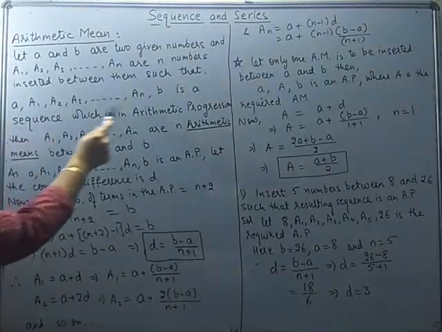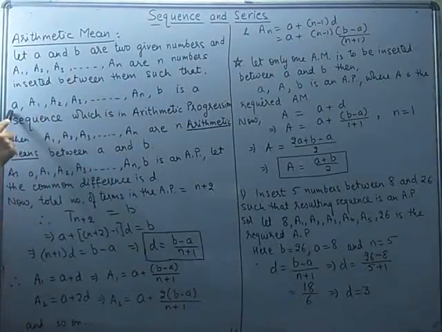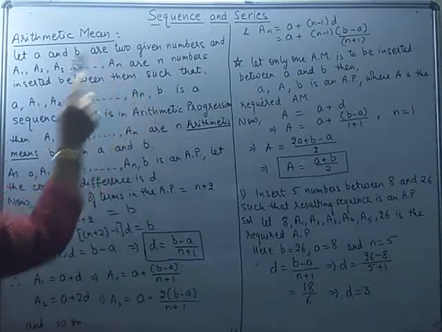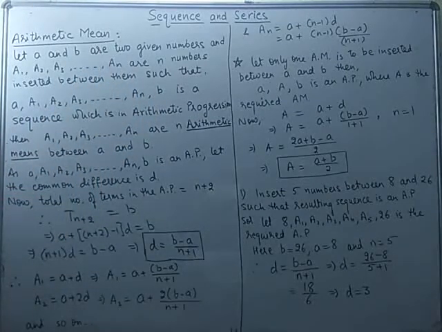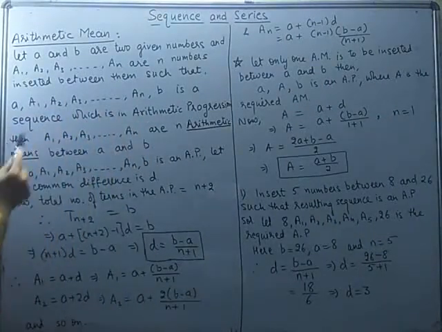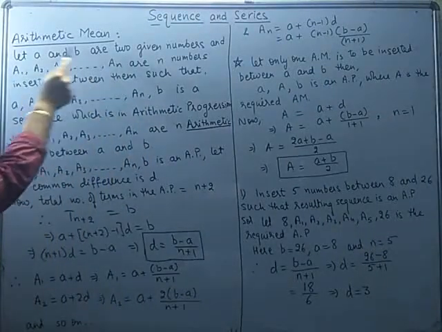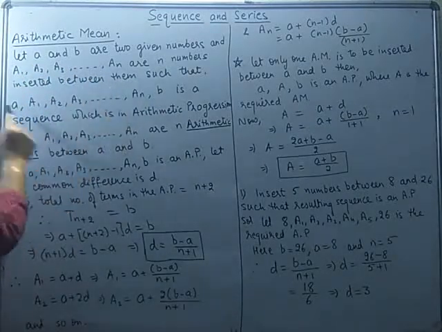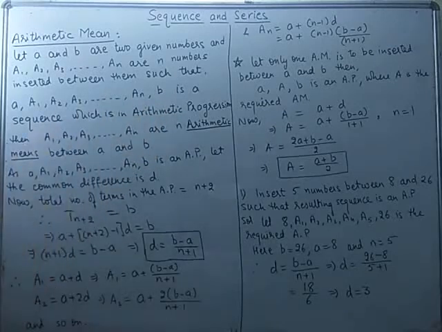Now see what the sequence will be. The first number will be A, then we insert all the n numbers, and the last number will be B. This is a sequence in arithmetic progression. So you have to insert these numbers so that this sequence becomes an arithmetic progression.